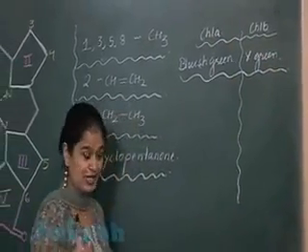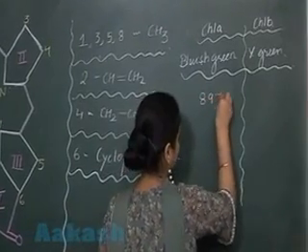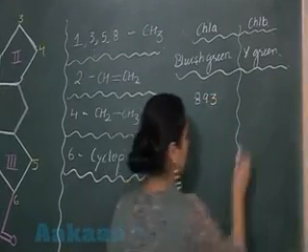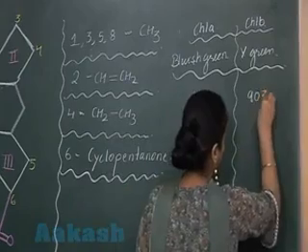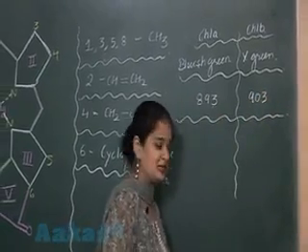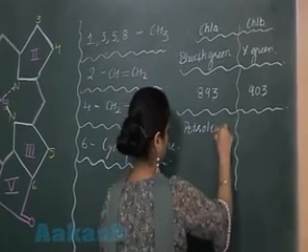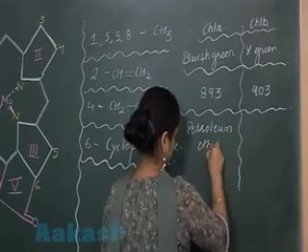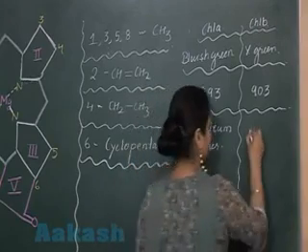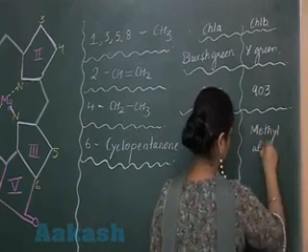The molecular weight of chlorophyll A is 893, and chlorophyll B is 903. Chlorophyll A is soluble in petroleum ether, and chlorophyll B in methyl alcohol, 90% methyl alcohol.